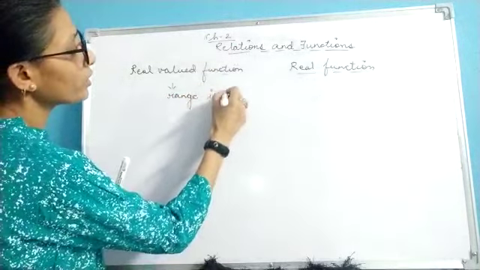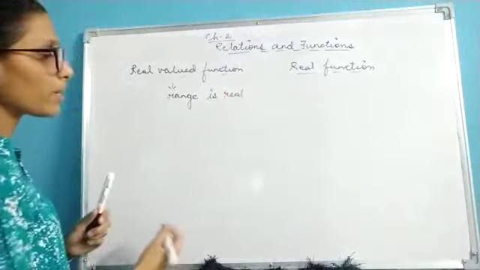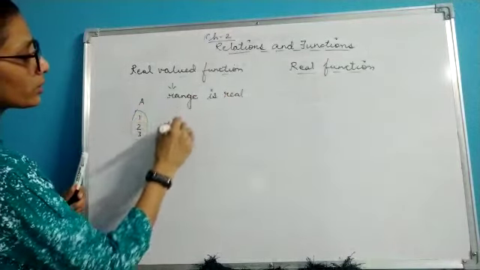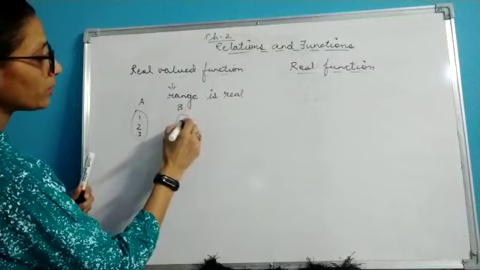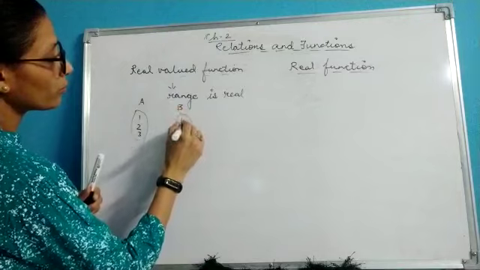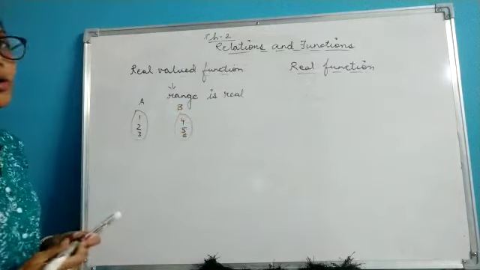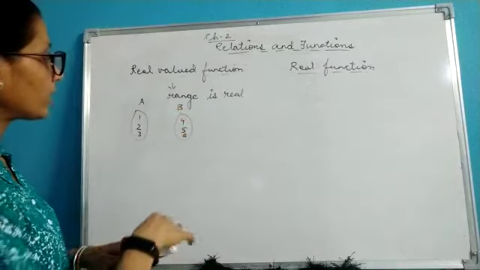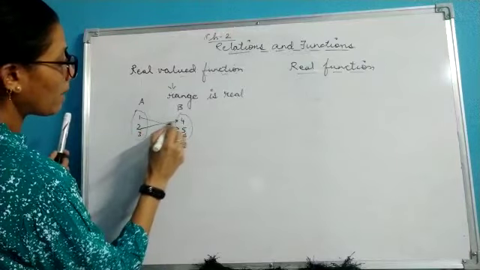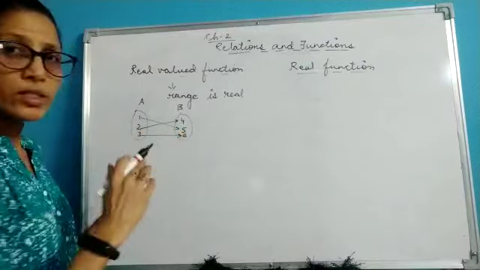For example, I have set A: 1, 2, 3. Say I have set B which is having 4, 5, 6. Now I can define the relation. Say this is your 1 to 1 mapping.